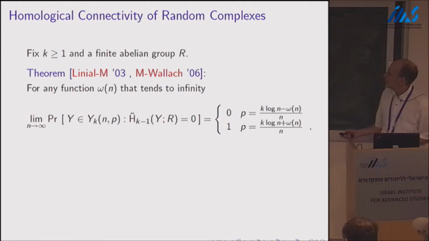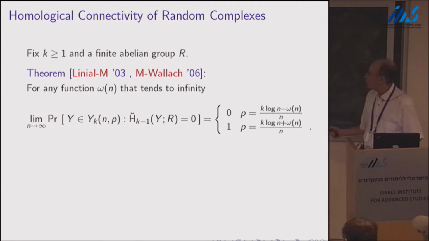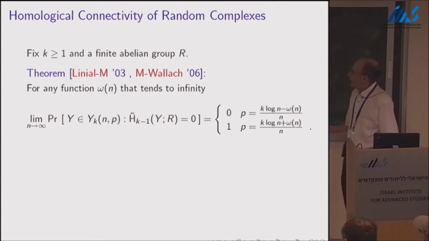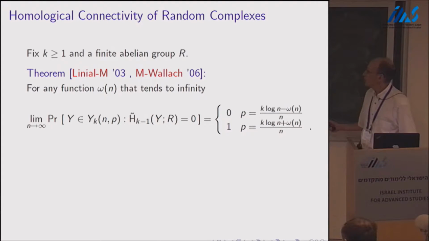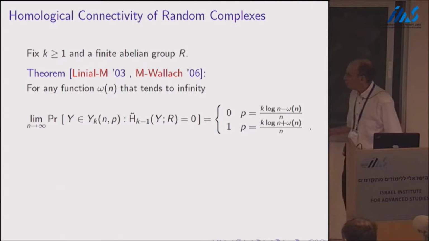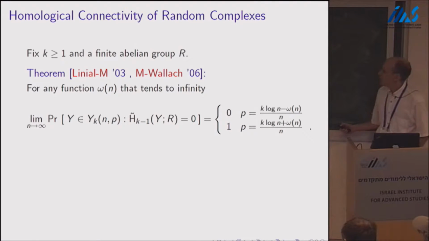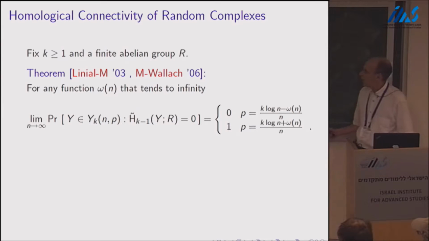And it turns out that the sharp threshold for this is exactly when p is k log n over n, which is an extension of the graphical case, log n over n, and this is sharp. When p is slightly below k log n over n, then H^(k-1) will not be 0, and when p is slightly above, then H^(k-1) will be 0 with probability 1.